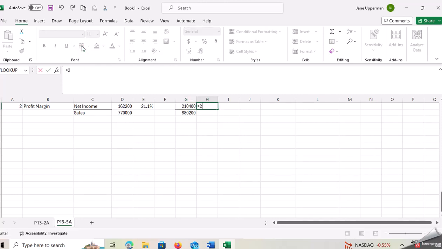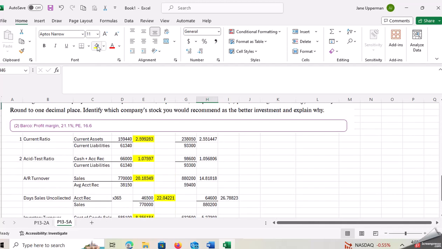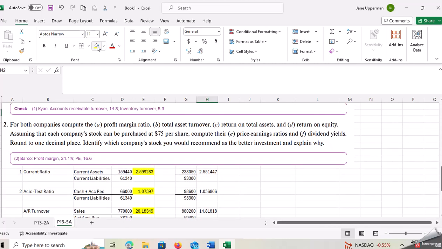So then 210,400 divided by 880,200 gives us 23.9%. Now that's the better one. Again, the higher the profit margin, the better. So that's the first one that the other company did good at.